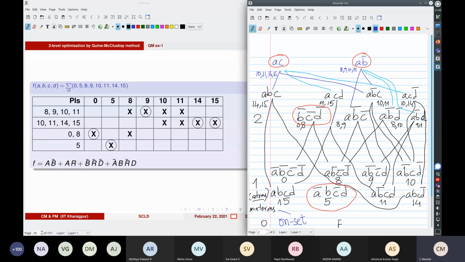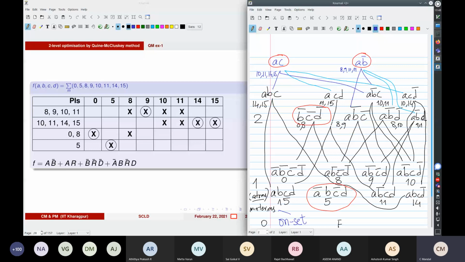Otherwise, my switching function will not work correctly. So now the question is, which of these should I retain? Do I need to retain this? No, because instead of this, I might as well retain this, because this covers this. Not only does it cover this, it also covers this. That means whenever this is true, this will also be true. So I don't need to retain the cubes that have been able to grow.